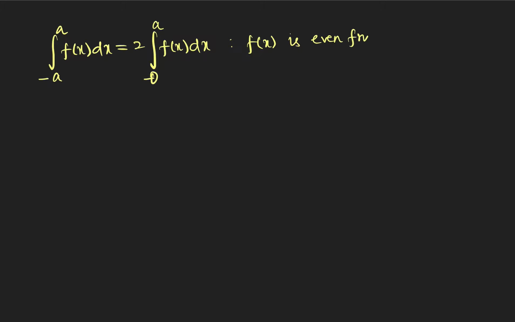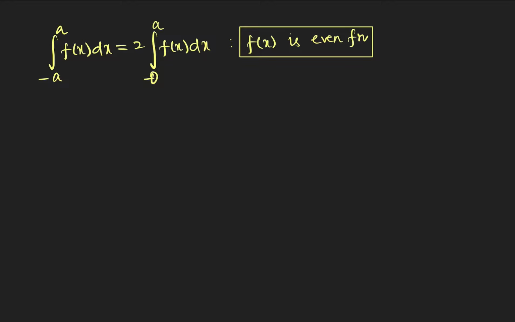The condition is the function must be an even function which is defined in the interval minus a to plus a. This is one of the important properties of the integral we use recursively in the Fourier series.